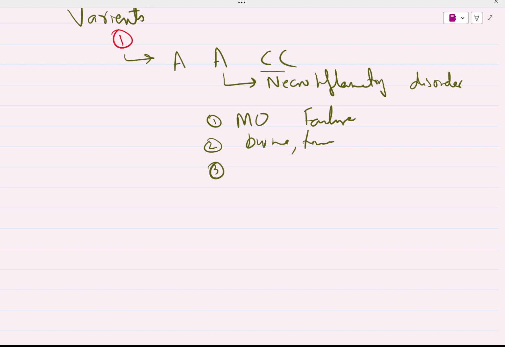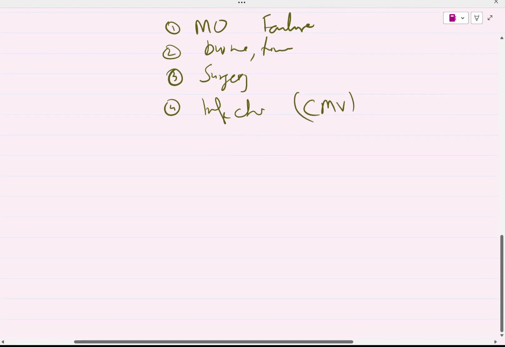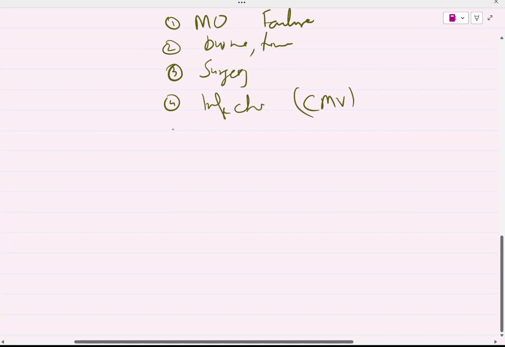The next risk factor is surgery. Infections can also lead to acute acalculous cholecystitis, for example viral infection such as cytomegalovirus.